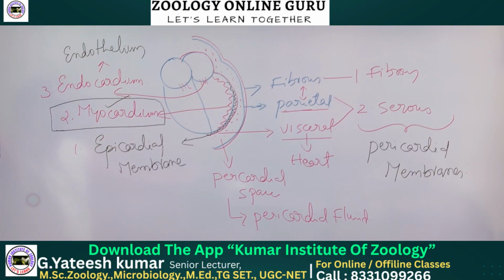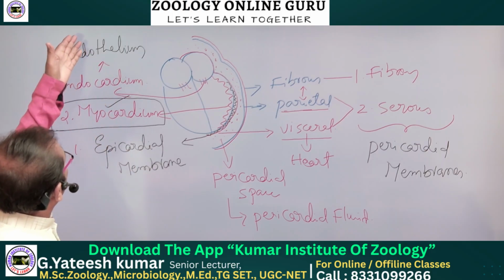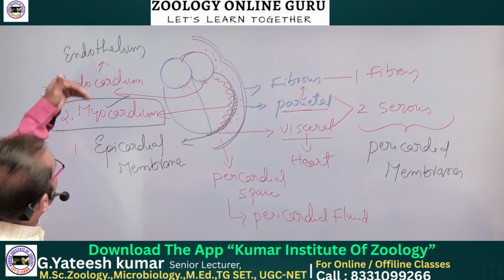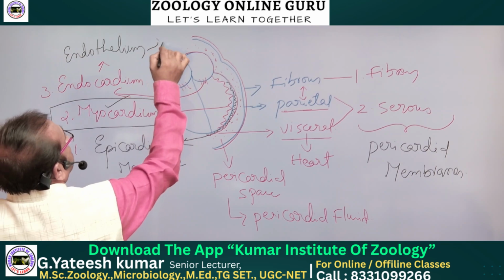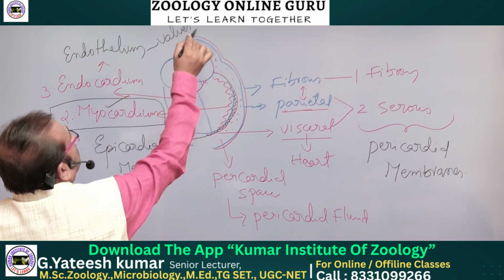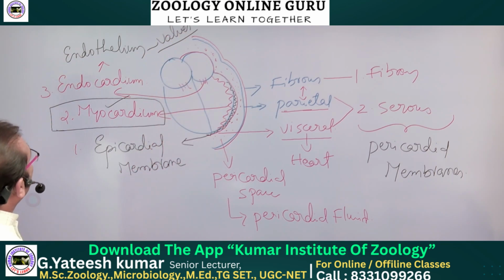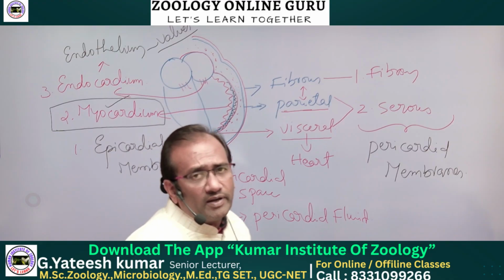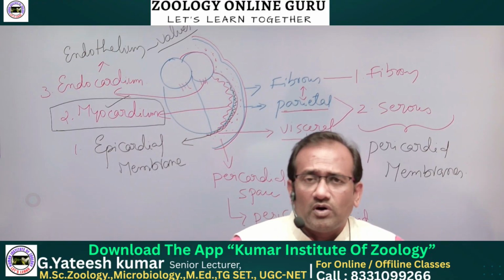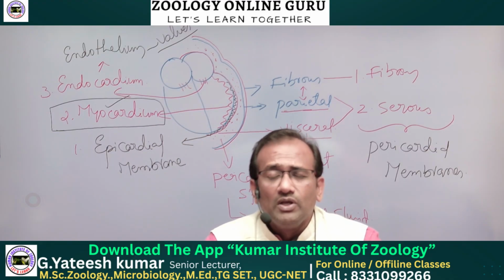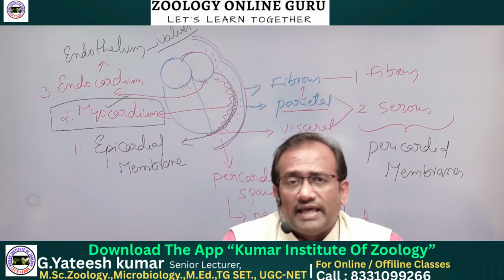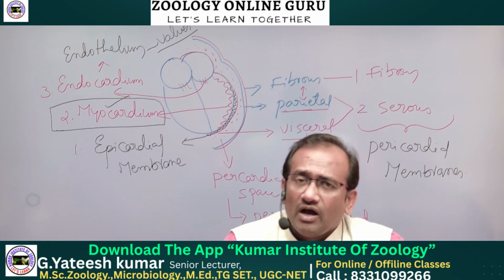So the myocardium is the major portion, and the remaining two are thin layers. The endocardium forms the endothelium that also covers the heart valves, so the heart valves are made up of endocardium. The heart itself is made up of myocardium, and the outermost part of the heart is called the epicardium. So this is about the external features of the heart.